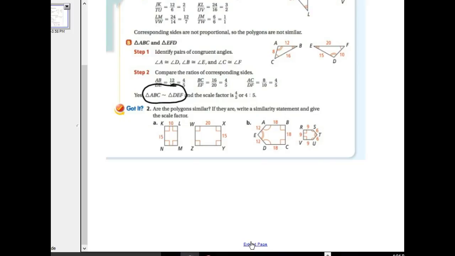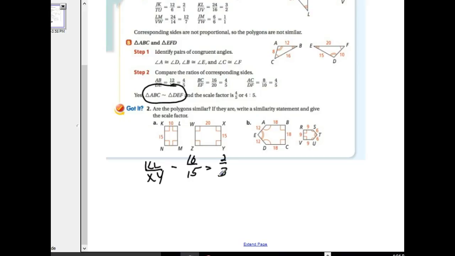So we're really comparing KL to XY because that's the short side and the short side. And if we do, that is a 10 to 15 ratio, which will reduce because they're both divisible by 5. That reduces down to 2/3.